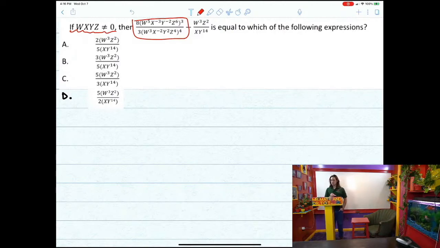Those exponents outside of the quantities need to multiply into all of the values inside of the parentheses.